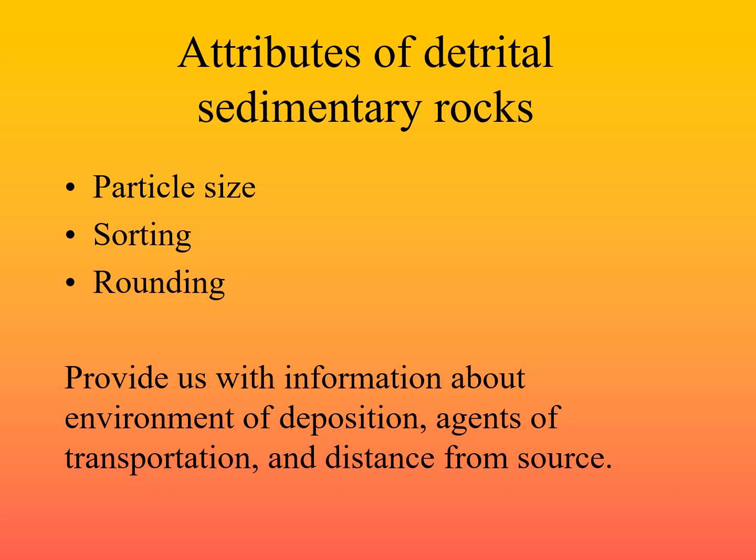We also look at a thing we call sorting and rounding. And this basically gives us information about how far that sediment moved, what was moving that sediment, and how far away that sediment traveled from the source of that weathering rock to where it was deposited.